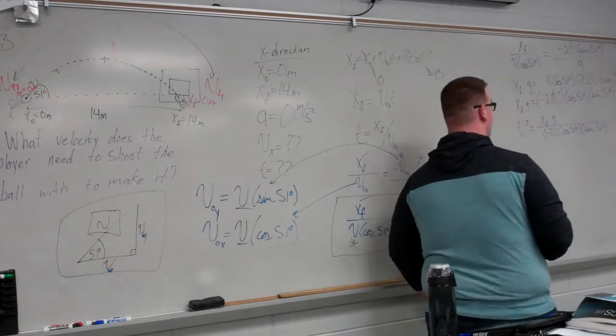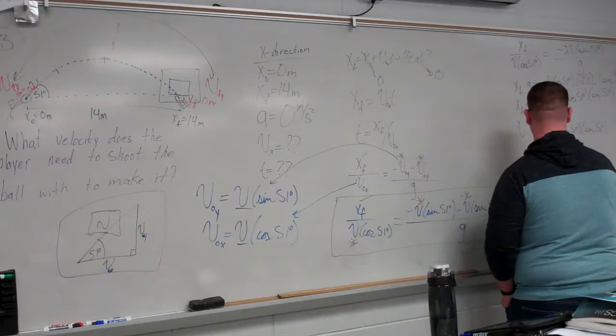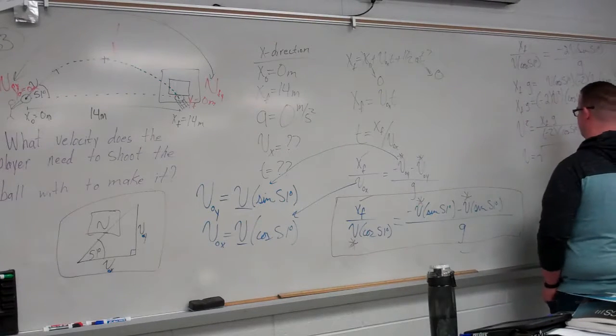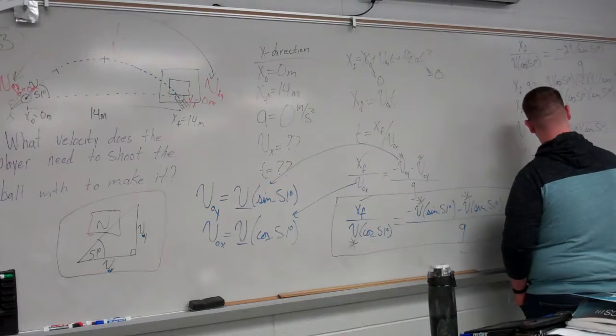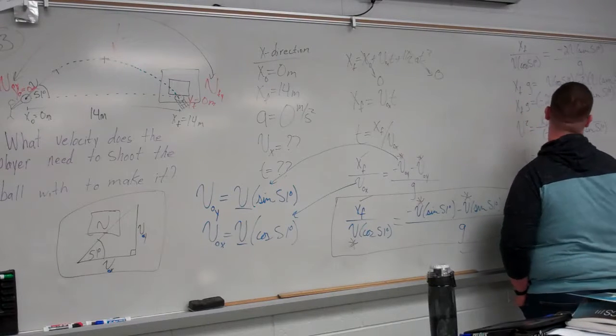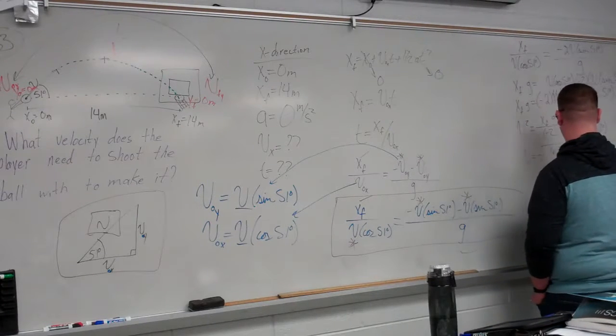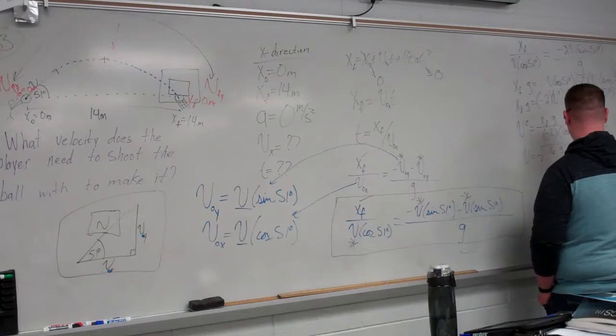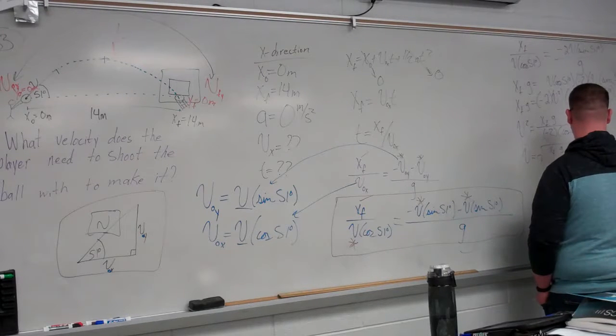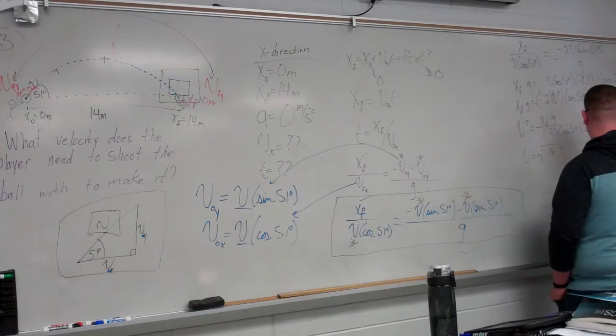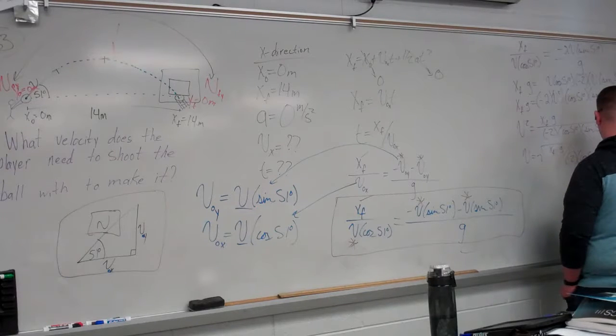And then you take the square root of it. The velocity is equal to the square root of final position times gravity divided by negative 2 times cosine 51 degrees times sine 51 degrees.